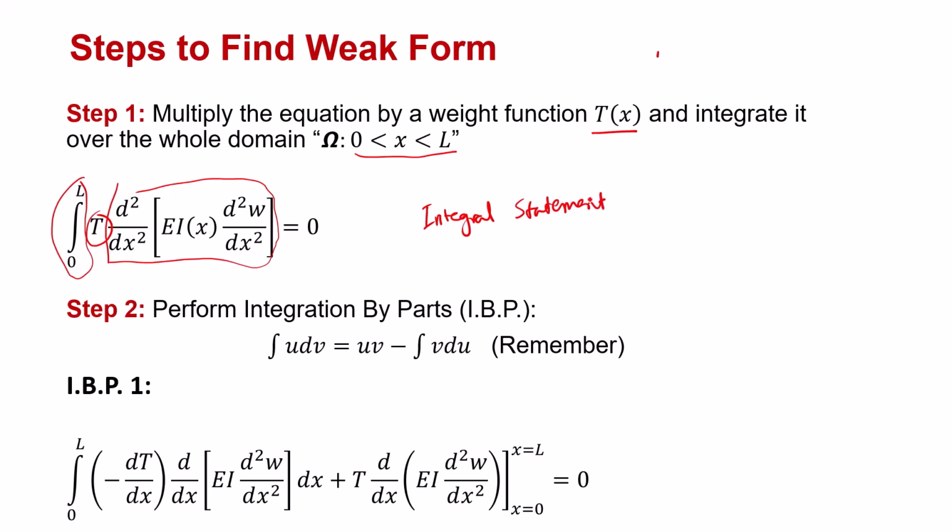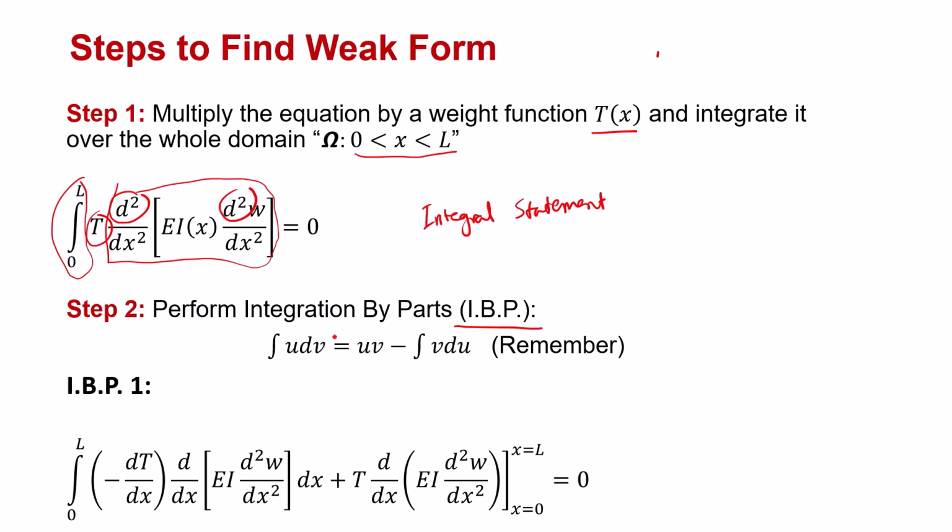At this stage, we still have a fourth order derivative acting on w, so d2 here and d2 here. And that is too restrictive for finite element approximation. So we move to the next step. The second step is performing integration by parts, or IBP.